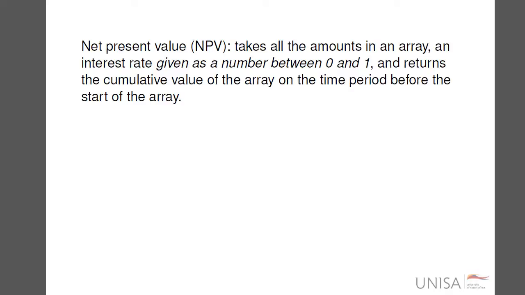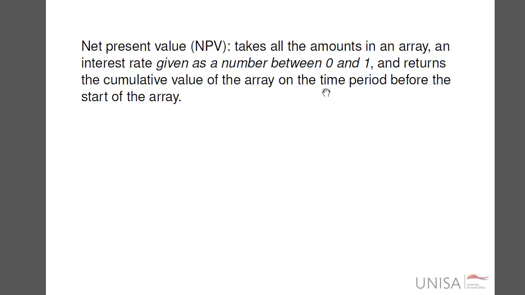So if it is said that the interest rate is 5%, you must use 0.05, for example. The idea is that we wish to get the cumulative value of this array of prices or amounts on a time period, the same time period. That's why it's the net present value.